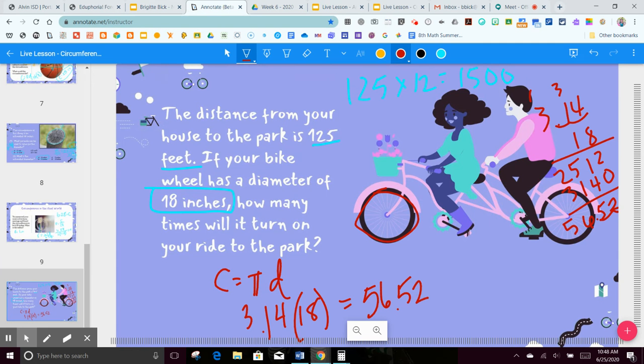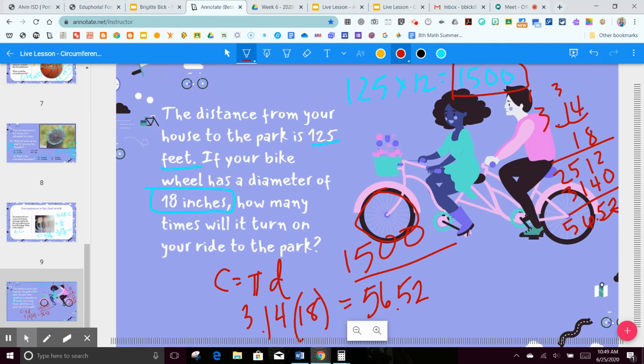But if it's a total of 1,500 inches to the park, we need to see how many times her tire is going to spin to get this number of inches. So we're going to go ahead and divide that out.